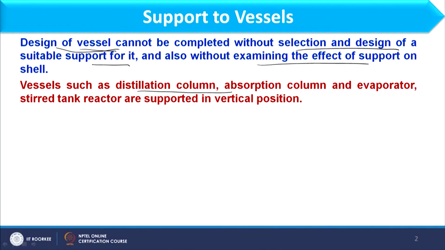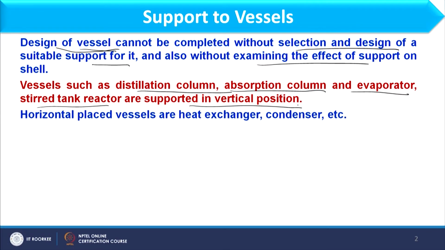Now, if you remember the selection of vessel which we discussed in the first lecture of this course, these are basically placed vertically or horizontally. So, as far as support is concerned, these are different for horizontal vessel as well as for vertical vessel. Vessels such as distillation column, absorption column, evaporator and reactor, all these are placed in vertical position.